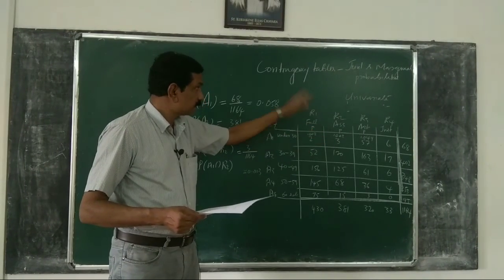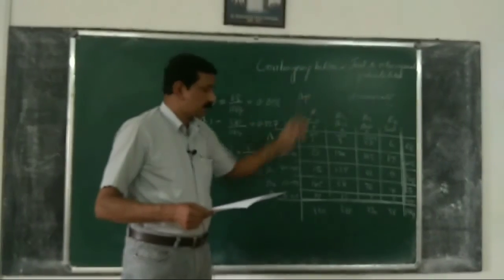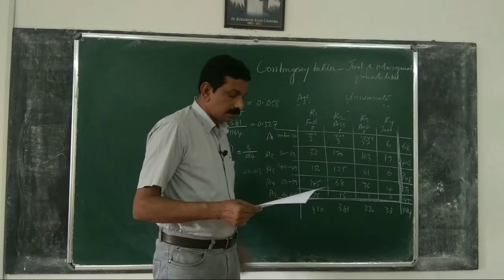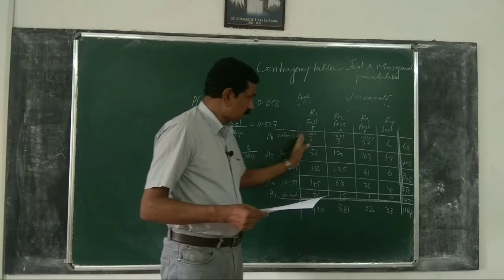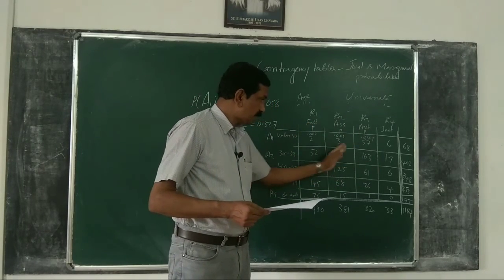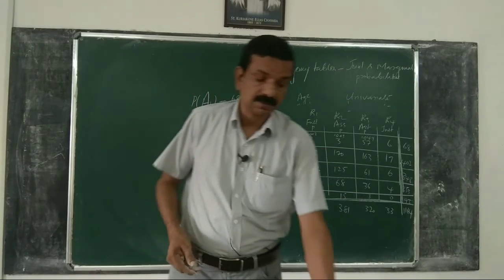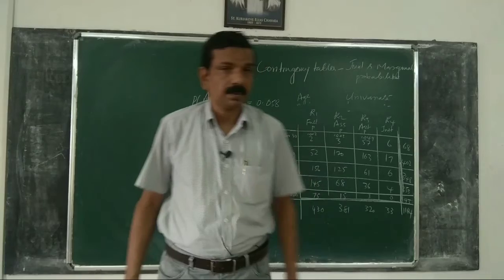If you convert the contingency table into probabilities, you will get what is known as a table of joint and marginal probabilities.